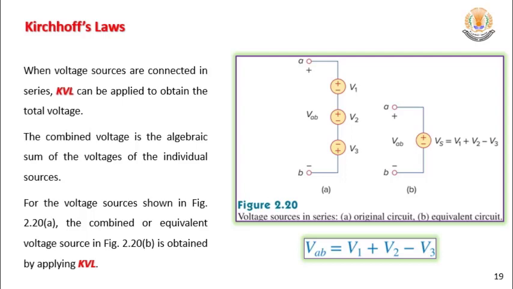Correct? V3 plus V2 minus V1. Clear? Why did I put this source? Because to apply KVL, you should have a closed loop. So imagine here that you have a source. Okay. So all of them can be replaced by VAB as V3 plus V2 minus V1.